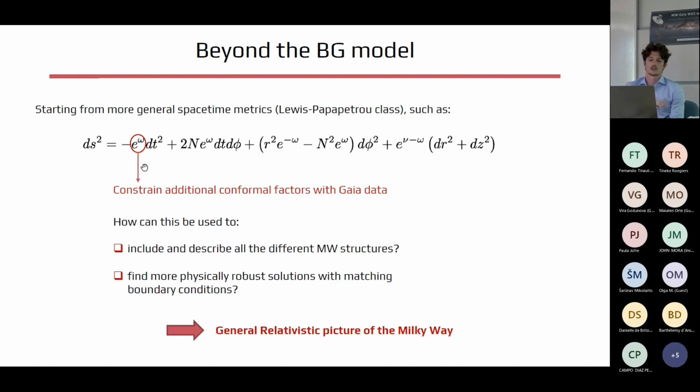So these results, also confirmed with Early Data Release 3, seem to be very promising.